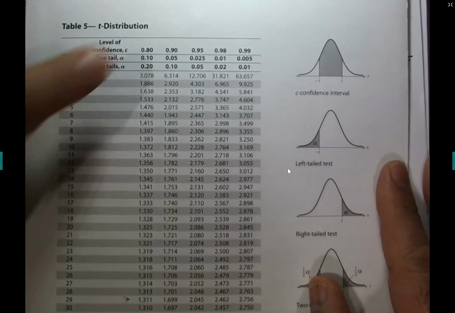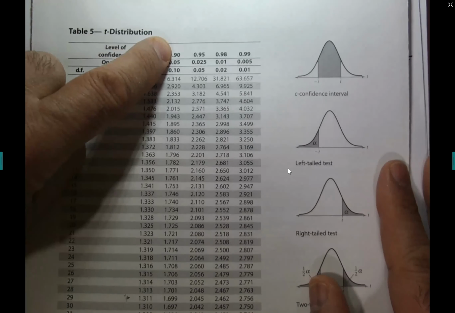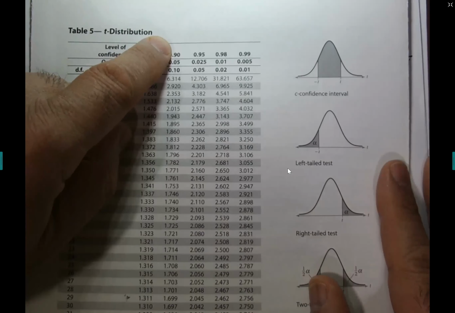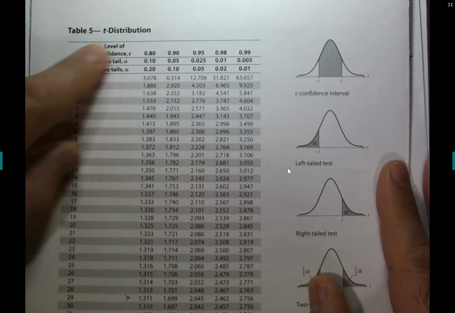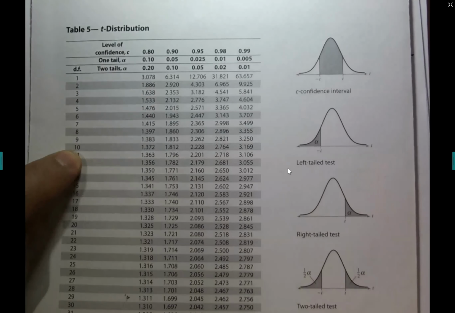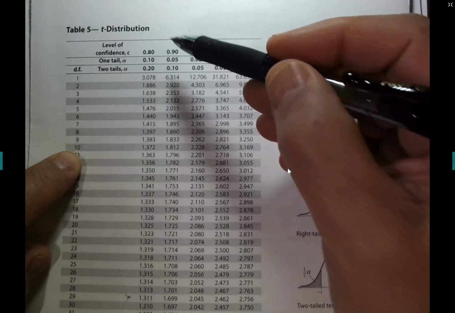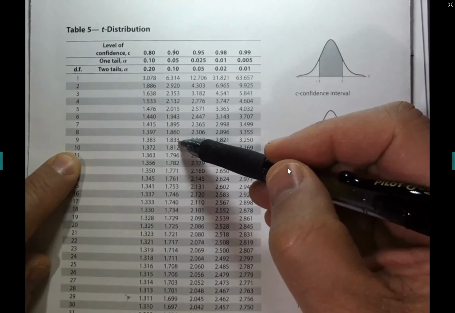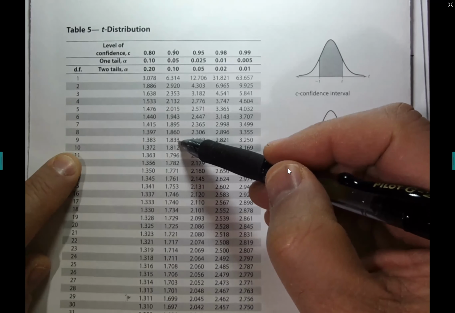You look at the 90% confidence right here. And if your sample size is 10, the degrees of freedom will be 10 minus 1. So you look it up here, which is 9. And guys, you just go horizontally and vertically, 90 until you get 9. That will be your critical value, which is 1.833.